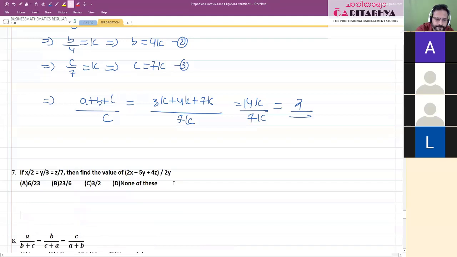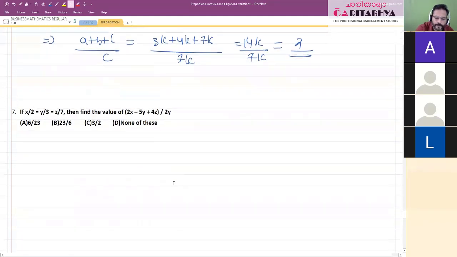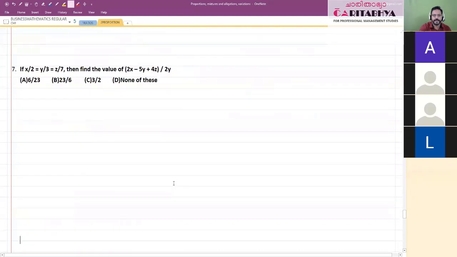ഇതേപോലെ, x by 2 is equal to y by 3 is equal to z by 7. It will be a constant k.